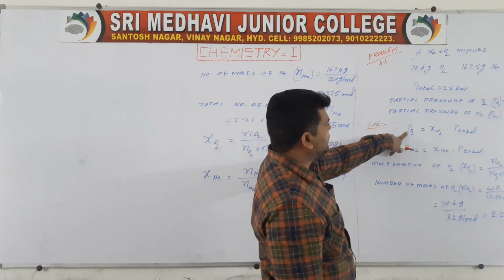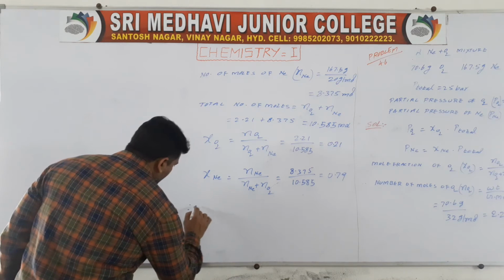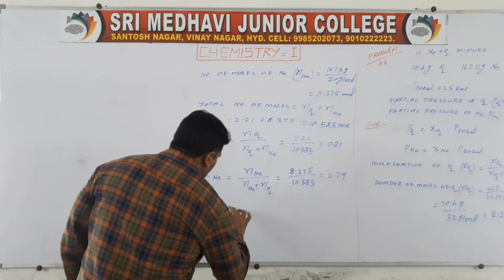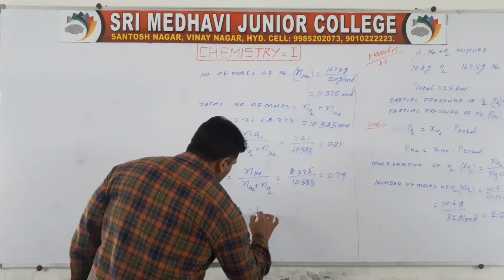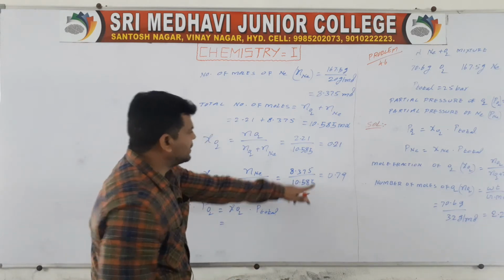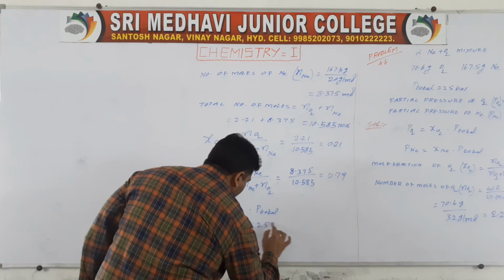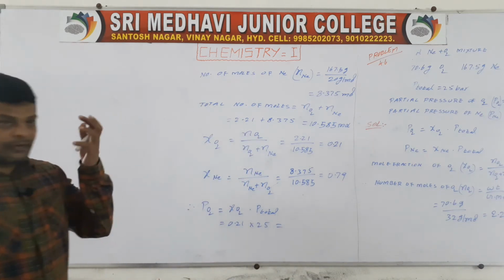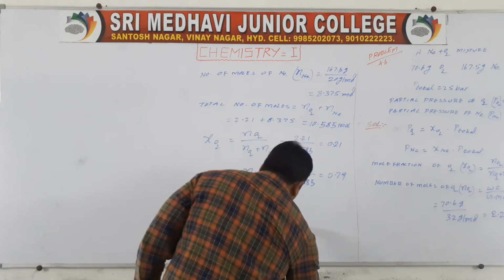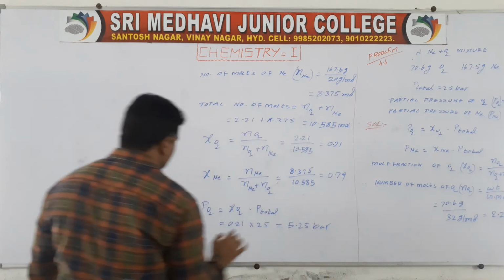Then the partial pressure of oxygen. Therefore PO2 equals, what is the formula, XO2 into P total. XO2 is 0.21 into 25, which is nearly 5.25 bar.